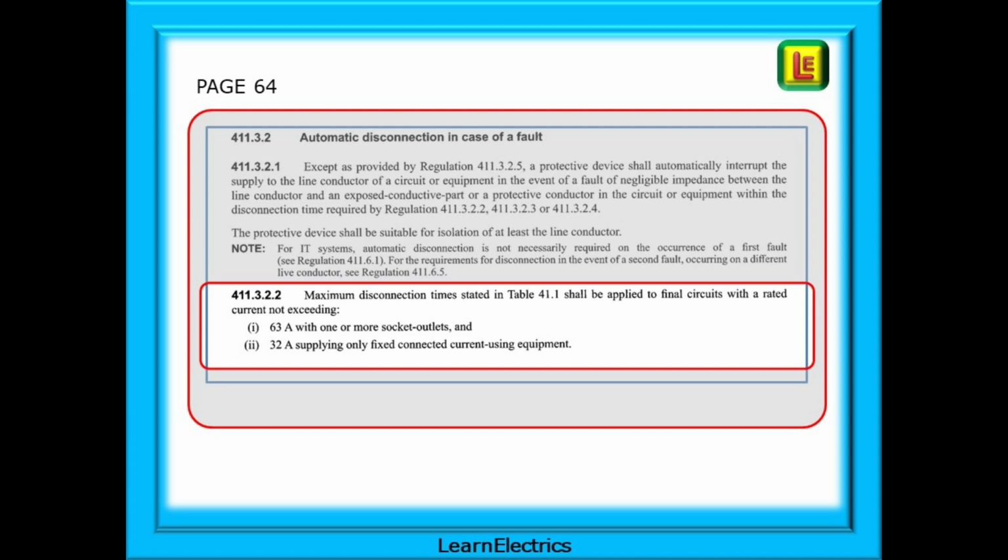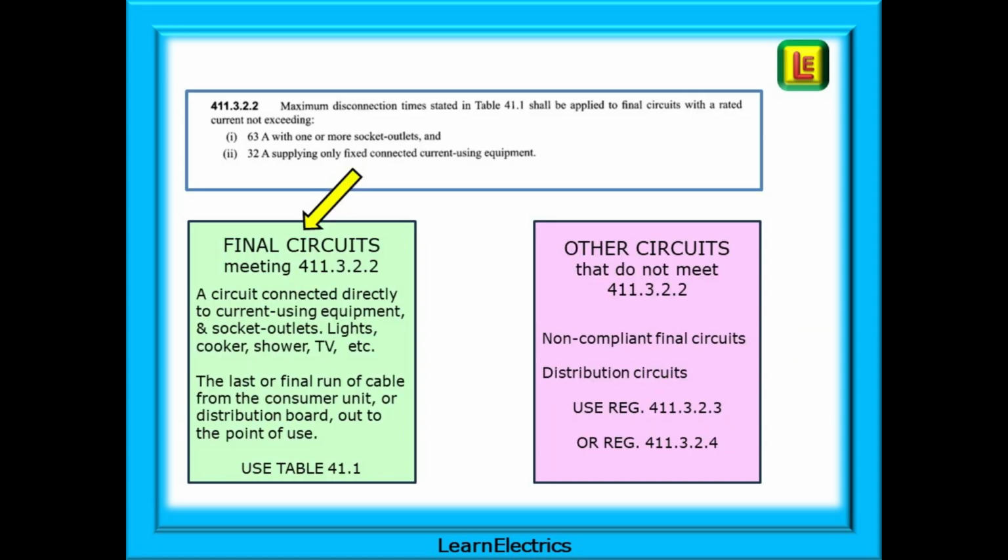So, table 41.1 is only used for final circuits. Remember that nugget of information, it's important. This means that we can divide circuits into two types. Those final circuits that meet the requirements of regulation 411.3.2.2, in which case we look at table 41.1 for disconnection time information, and all the other circuits that do not meet 411.3.2.2.